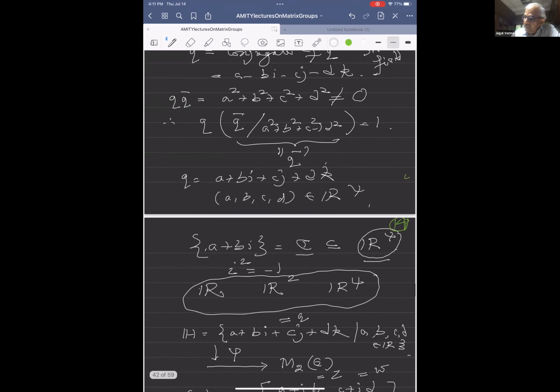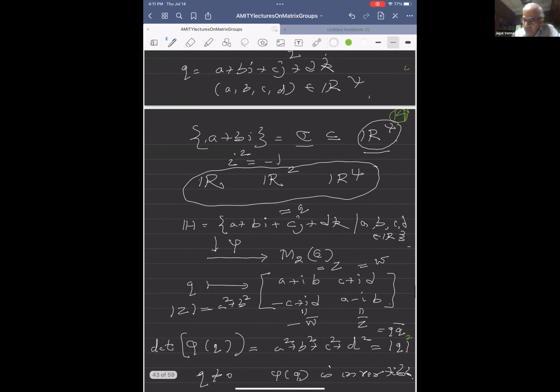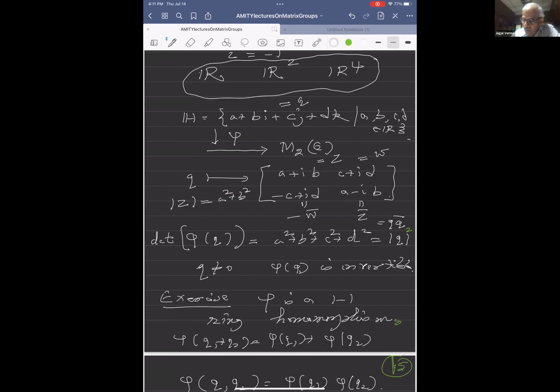So then I introduced this homomorphism from the algebra of quaternions to the ring of 2 by 2 matrices. So the algebra of quaternions is a ring. Under addition and scalar multiplication, it's a 4-dimensional real vector space.